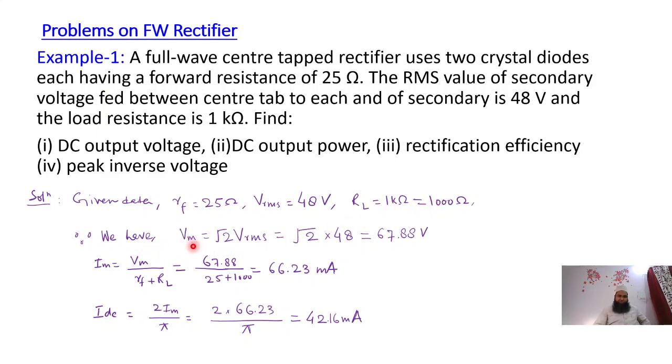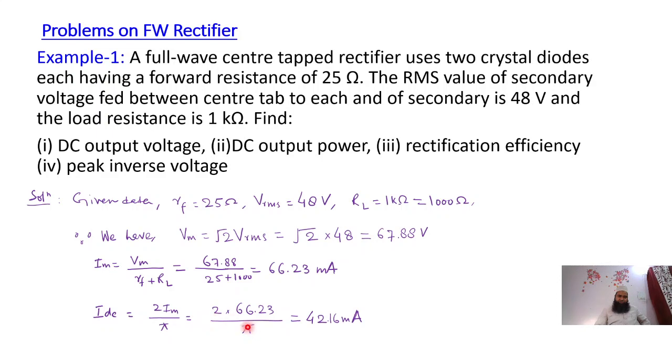We know Vm equal to root 2 into VRMS, root 2 into 48 equal to 67.88 volt. We can find Im equal to Vm upon Rf plus RL. We can calculate it as 66.23 milliampere.